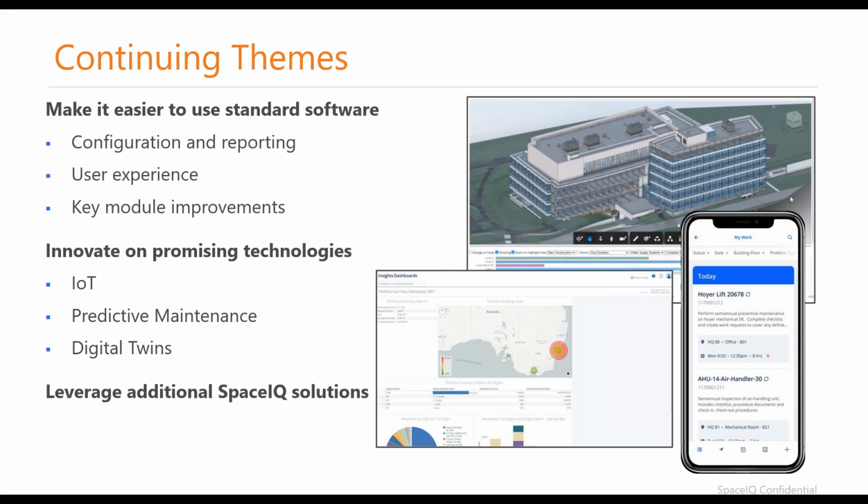And digital twins, which is certainly a parlance that has been gaining traction over the last year or two. So we continue to look into those areas, as well as leveraging Space IQ solutions. Archibus is part of the Space IQ family, and we're continuing to work on ways to integrate our products together in a more seamless fashion.